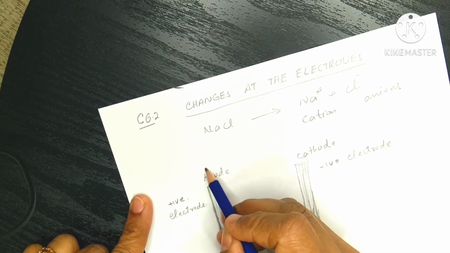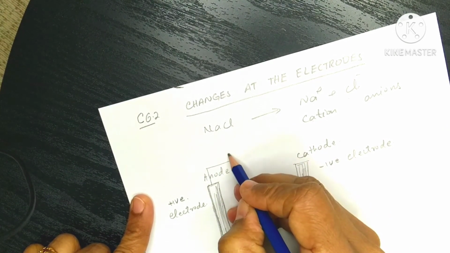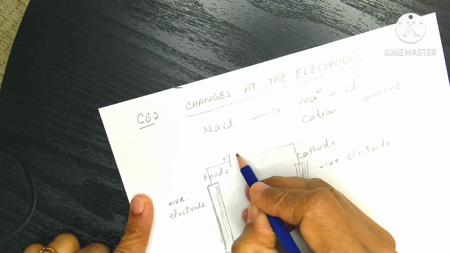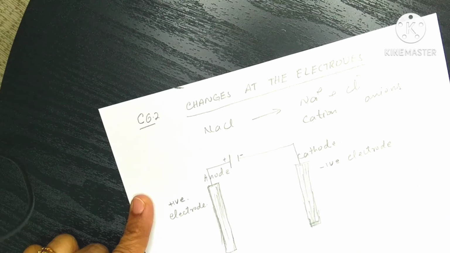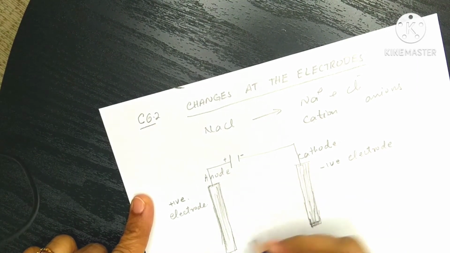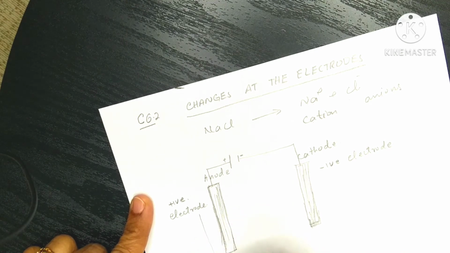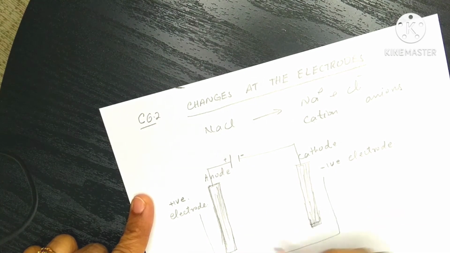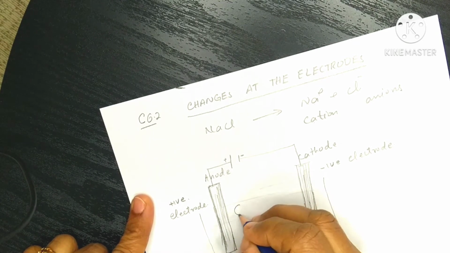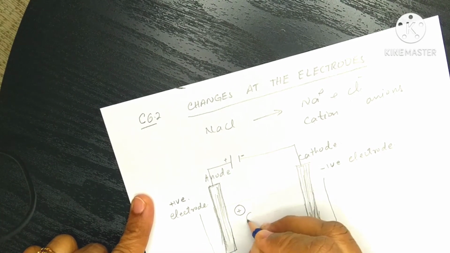The anode is connected with the positive terminal of the battery, and the cathode is connected with the negative terminal of the battery. Now I have a solution, and inside this solution there are positive and negative ions.